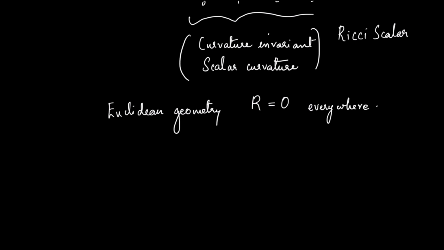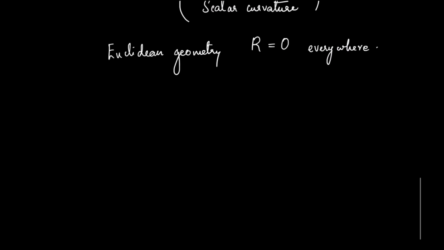Thus this scalar curvature gives you a criterion to distinguish whether a given space-time is curved or not. Also, R can take a negative or positive value. If R is equal to 0, there is no curvature.